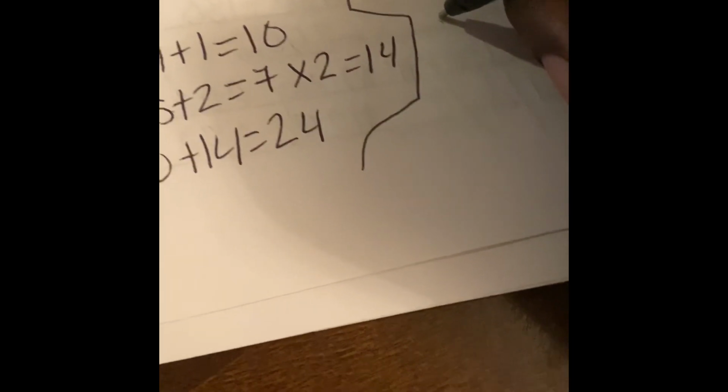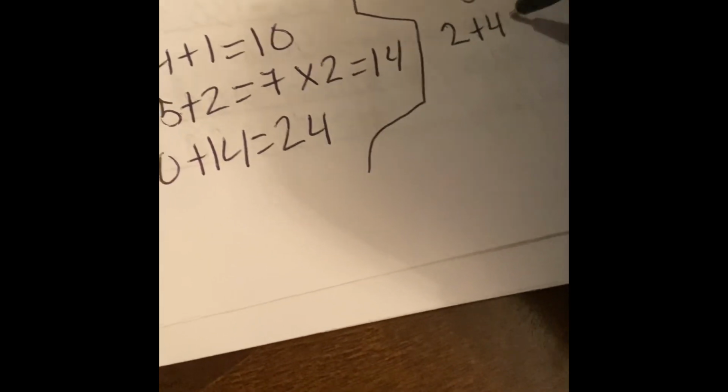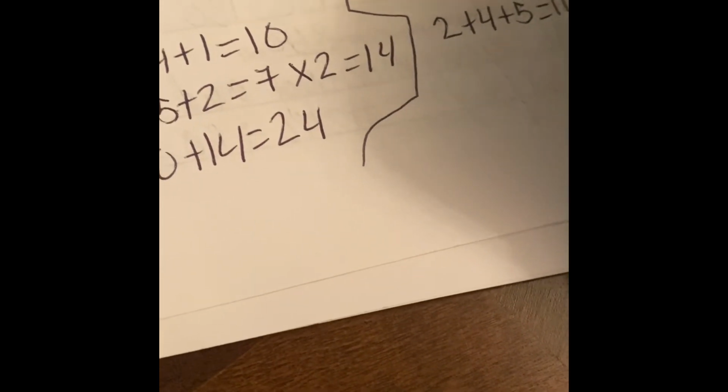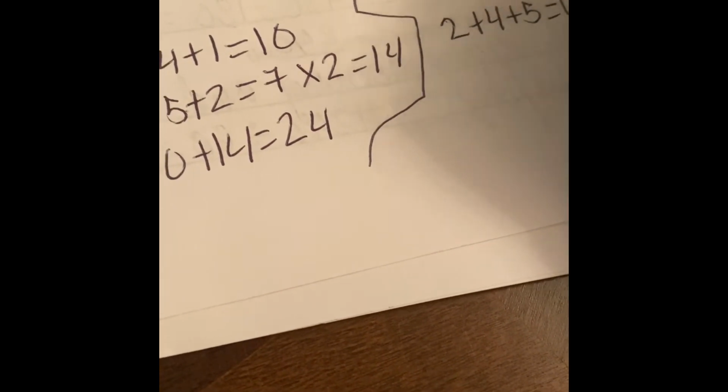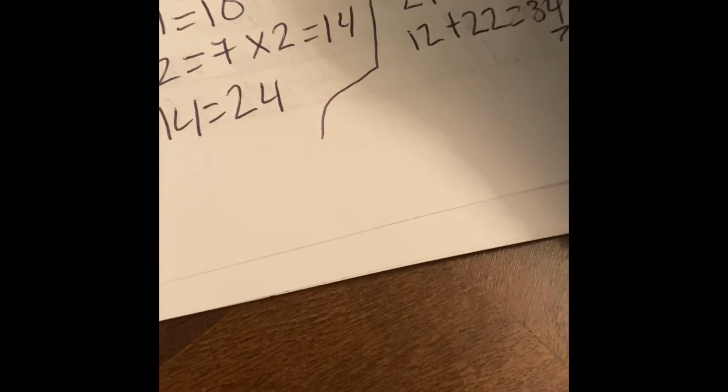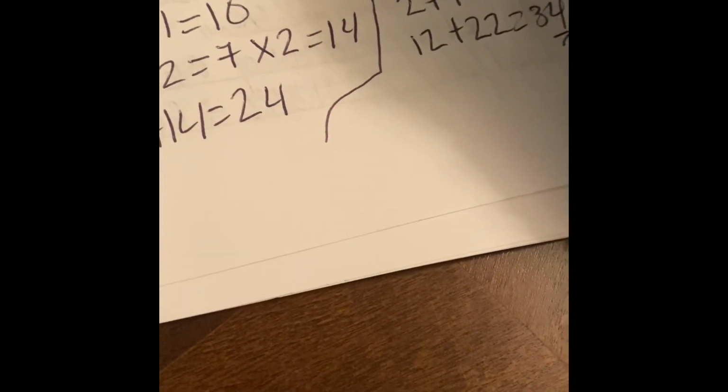And then we're going to do 2 plus 4 plus 5, which equals 11, multiplied by 2, which equals 22. 12 plus 22 equals 34. So we know that one is wrong as well. That should be a 4 as well.